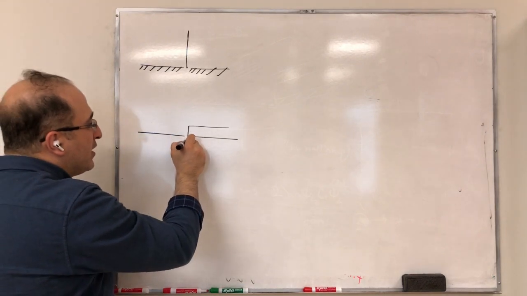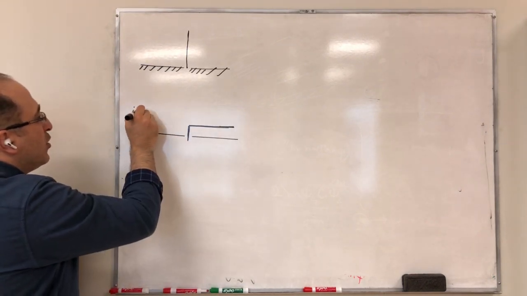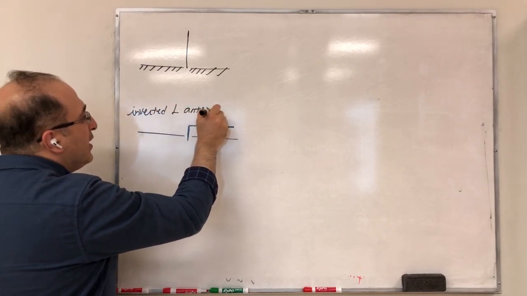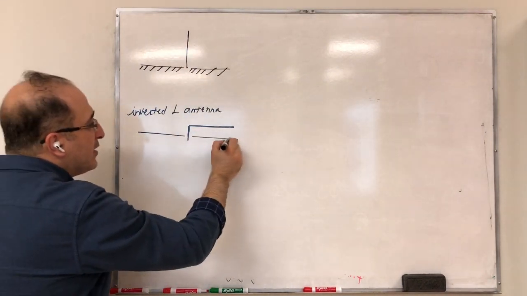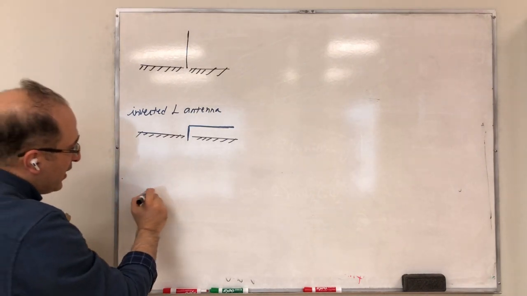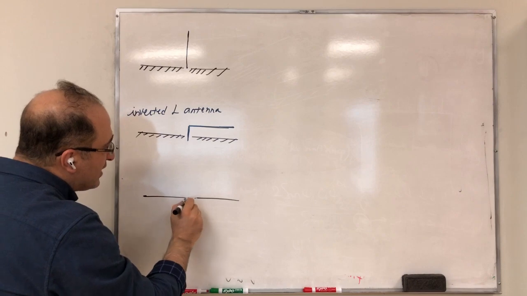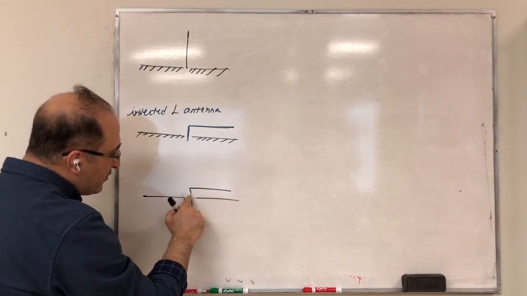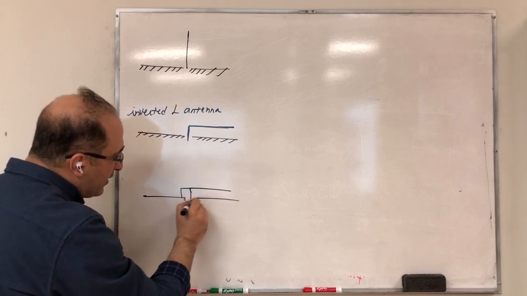So this is called an inverted L antenna. So you get this quarter wavelength monopole antenna, and you bend it and you end up with an inverted L antenna. Another variation of this is to do the same thing, but this time you're going to have a shorting pin as well. So like that.